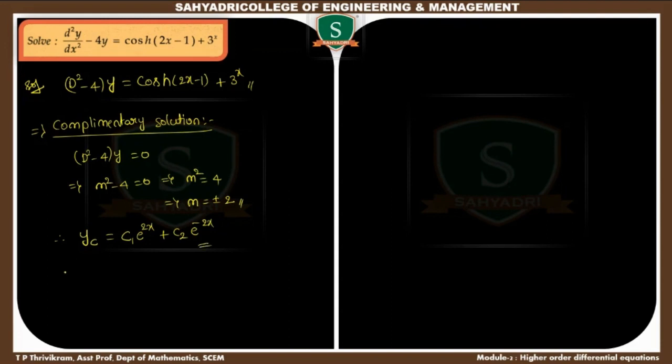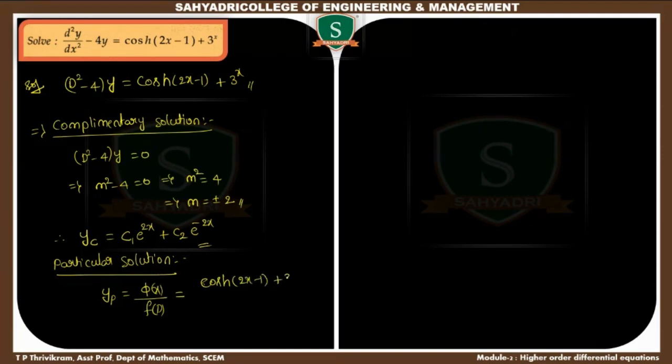Similarly, we need to find the particular solution. For the particular solution, what we need to find? Yp is equal to phi of x divided by f of d, which is equal to cos h of 2x minus 1 plus 3 power x divided by d square minus 4.